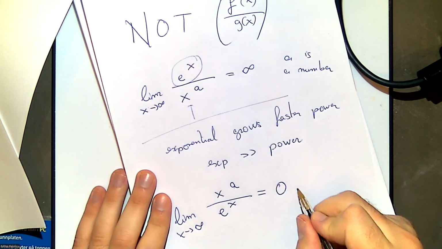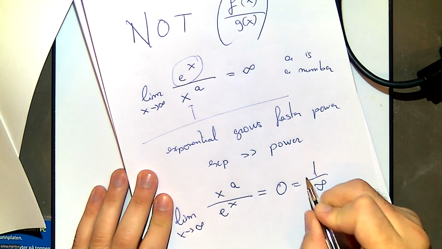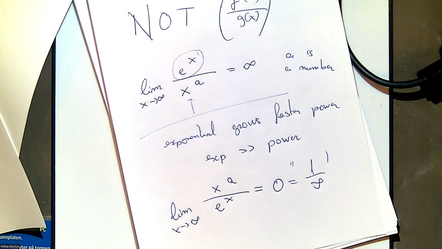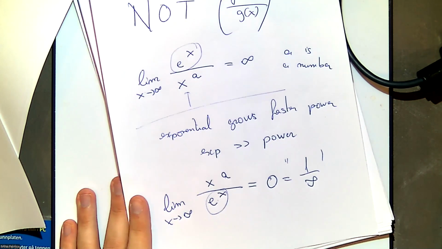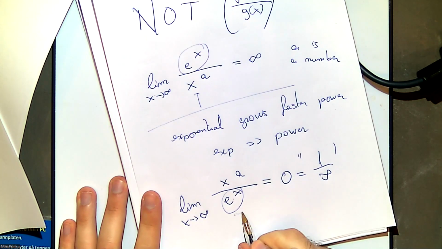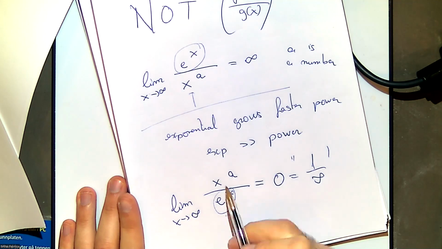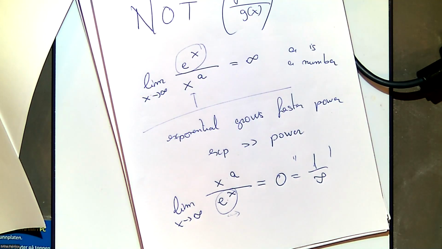Because, you know, it's either 1 over infinity, in quotation marks, right? It's 1 over infinity, or use the same argument: exponential just grows much faster than power. So at some point, this is going to be way bigger than this. So that's why this is 0. But again, exponential grows faster than power. This is your main argument.